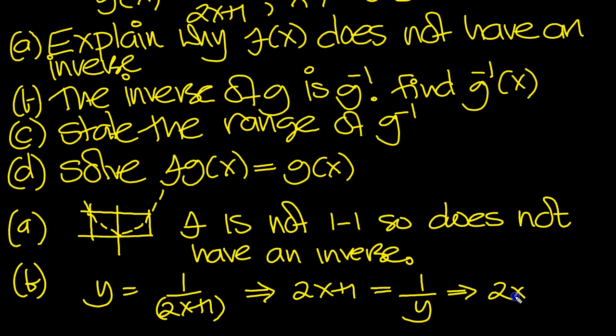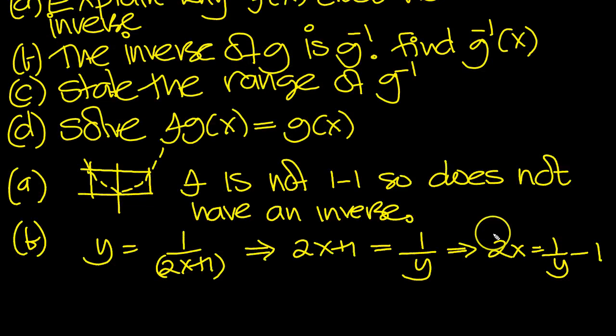So we get 2x is equal to 1 over y minus 1. And then move the 2 from times to divide, effectively divide by 2 through the entire equation. So x is equal to 1 over 2y minus a half.